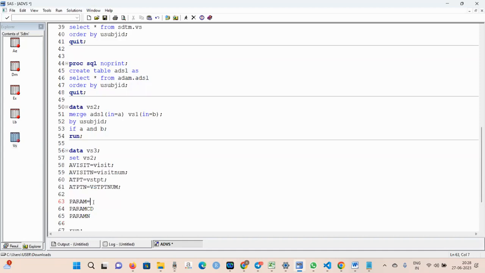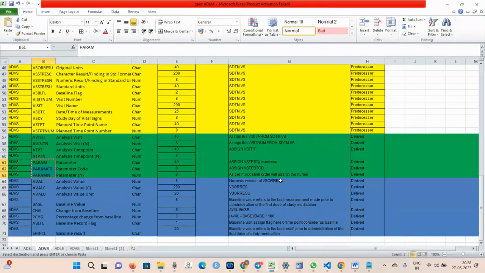Okay, so the PARAM, as per the specification, you have to concatenate with the VSTEST and the VSORRESU.